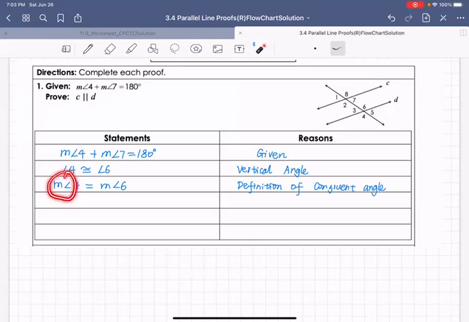Next one. These two are equal. This plus this equals 180. We can put this one over here. So what we write down is measurement of angle 6 plus this equals 180, correct? Mm-hmm. Okay, what do we put as the reason here? Substitution property.